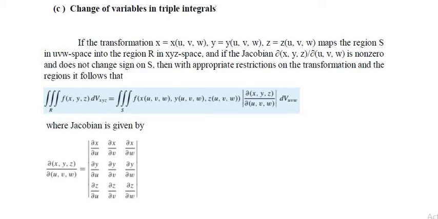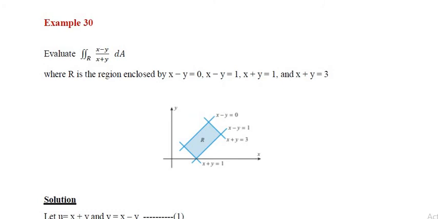So this is how we change the variables in a single integral, double integral as well as a triple integral form. Now let's see a question here: evaluate the double integral over R of (x minus y) by (x plus y) dA, where R is the region enclosed by x minus y equal to 0, x minus y equal to 1, x plus y equal to 1 and x plus y equal to 3.